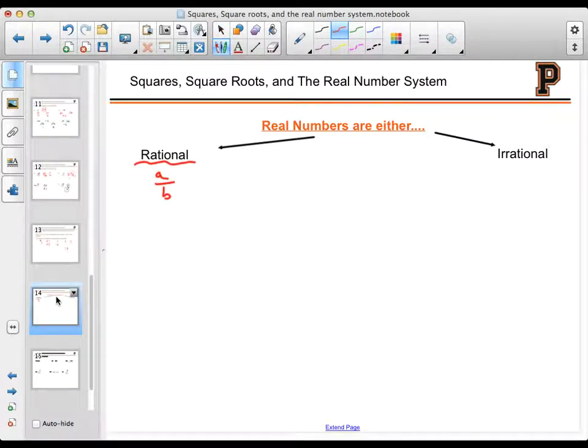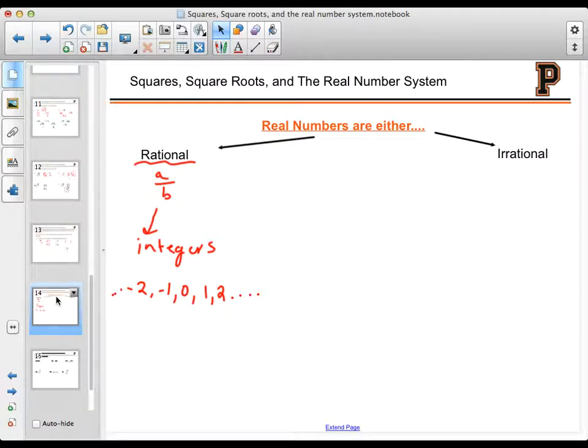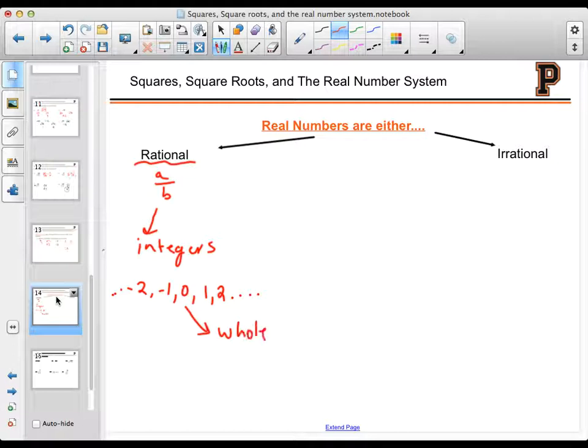And then there are smaller subsets of rational numbers, right? The next smallest subset of rational numbers would be the integers, right? Which is numbers like -2, -1, 0, 1, 2, and so on in both directions. These are all integer values. We also have whole numbers that kind of make up our subsets, right?